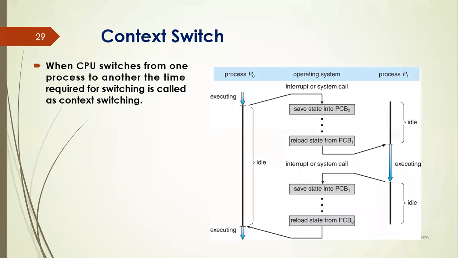Then we reload the state from PCB1 so that we can start the execution of P1. That means we make the P1 state go from ready to running so that the processor can run it. After this, when we want to come back to process 0, that is P0, we again save the state to PCB1 and then load PCB0 into the running state. So this is what context switch means. Switching from one process to another process is called a context switch.